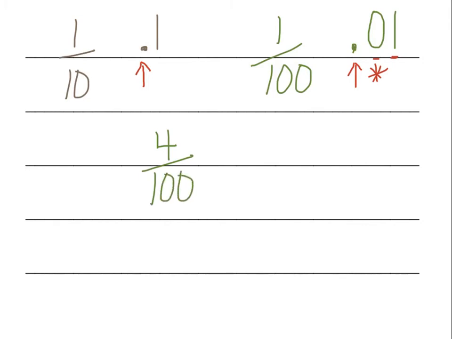So if you're looking at the fraction 4/100, it would be 0.04. Here's a little trick I've told my students in the past: the 1 is your decimal, then there's a 0 left, and the 4 takes the place of the last 0 in the hundredths. I'll do another one to make sure you've got that.